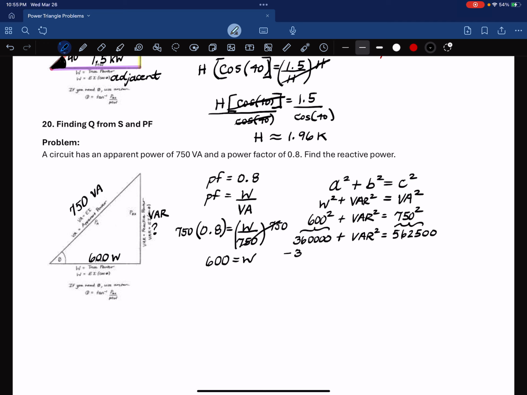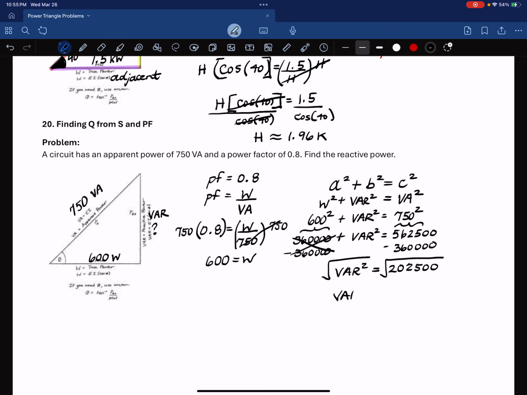So we will subtract this one from both sides and cancel. And so I'm left with reactive squared equaling 202,500. Take the square root of both sides.